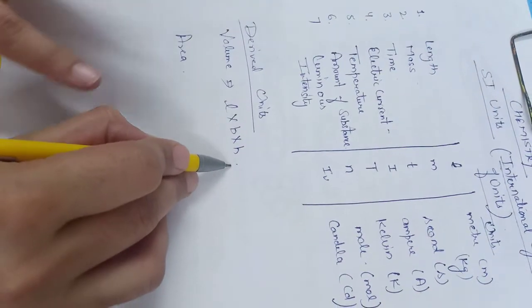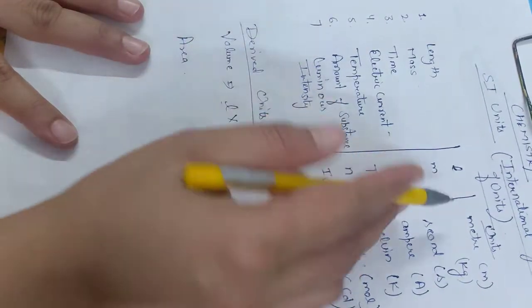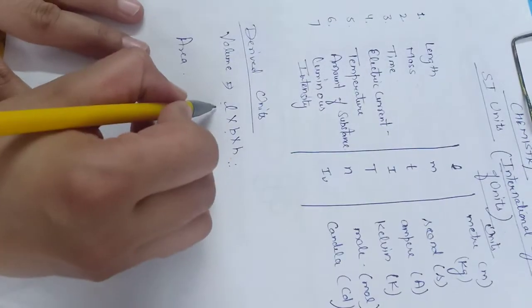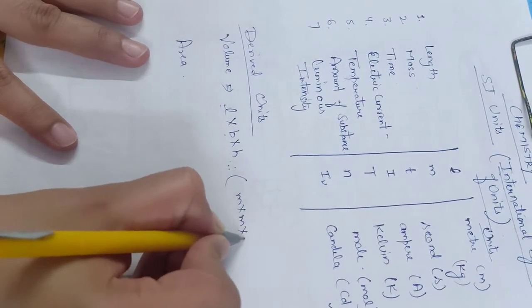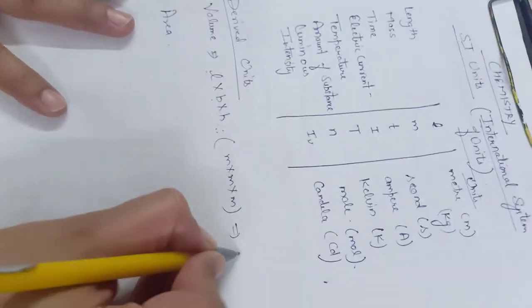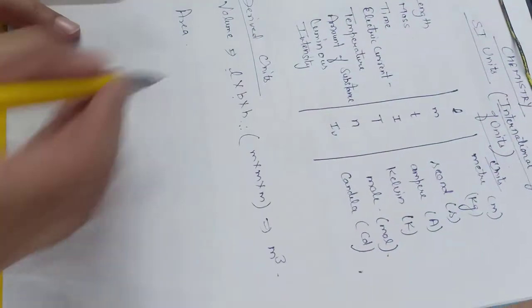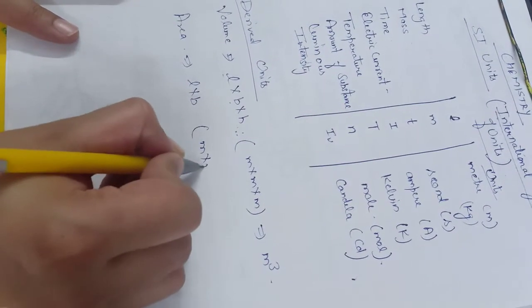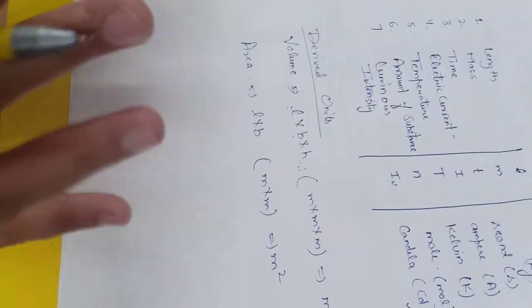Length, breadth and height are all examples of length, so we can use meter into meter into meter, that means the unit for volume is meter cube or centimeter cube. Next, area is length into breadth, so meter into meter, that means meter square or centimeter square, and so on.